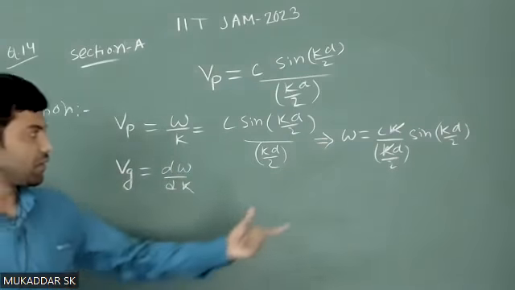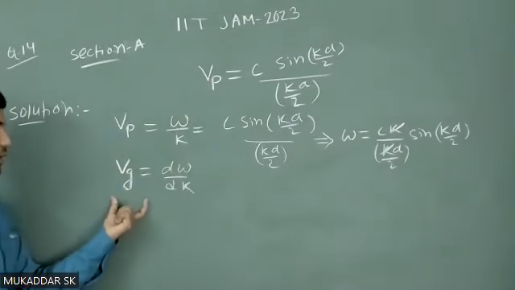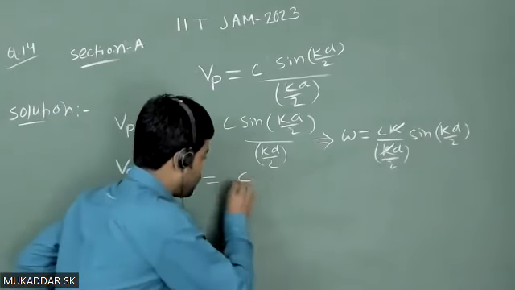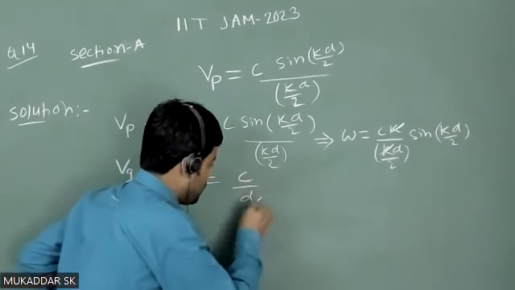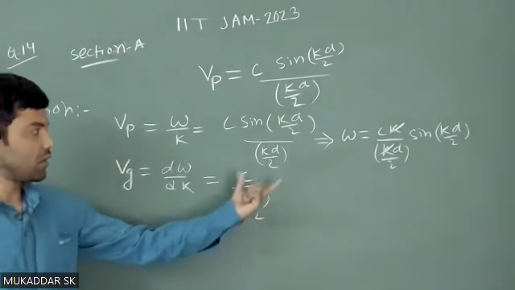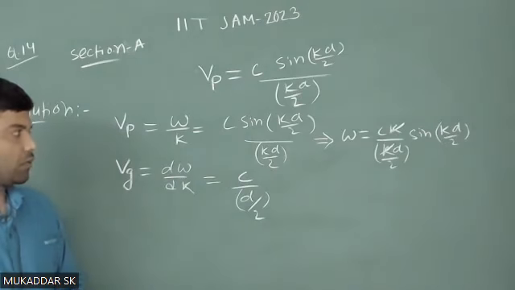If I differentiate this, I'll basically get the group velocity of this wave. We have a factor cd by 2 that is constant, so there will be no differentiation of this factor. Just have to differentiate the sine function with respect to k.